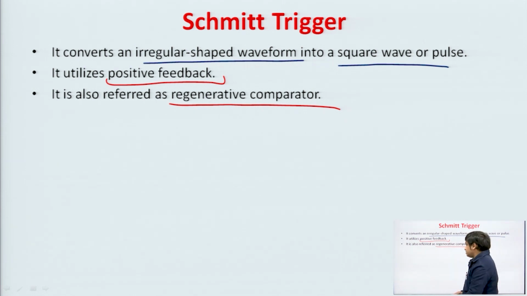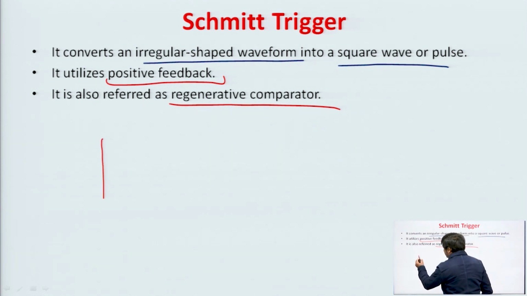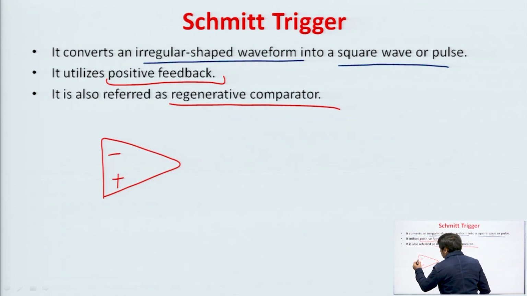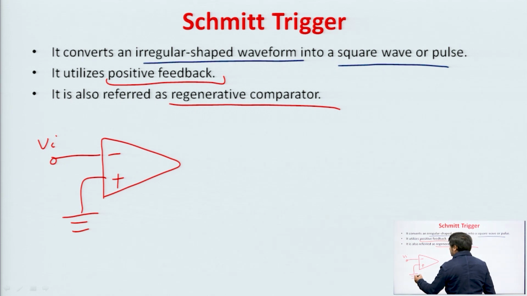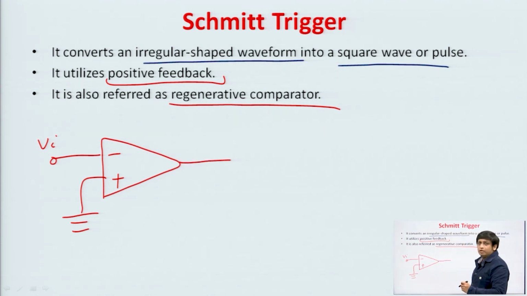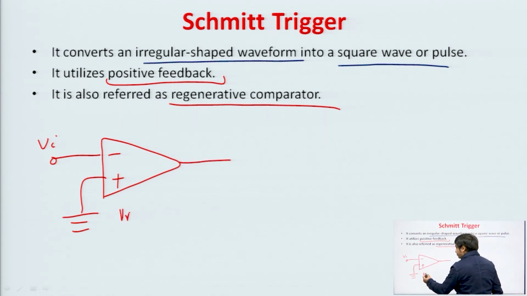Like zero crossing detector, in zero crossing detector what happens? We apply the input voltage at a particular input terminal, it may be inverting input or non-inverting input, and the another terminal is grounded. Actually, in zero crossing detector we make reference voltage V reference equal to 0.